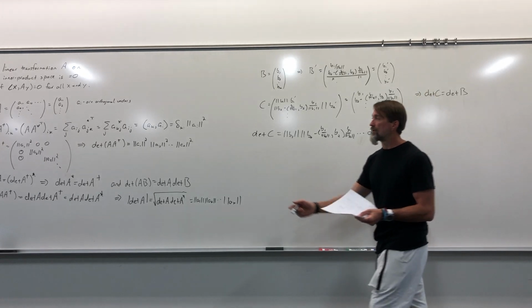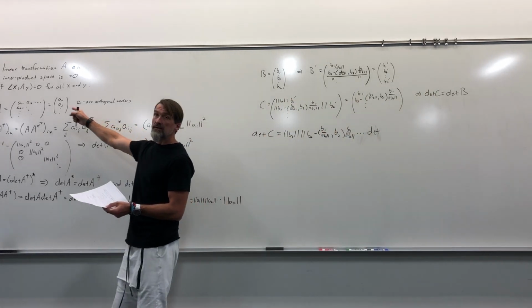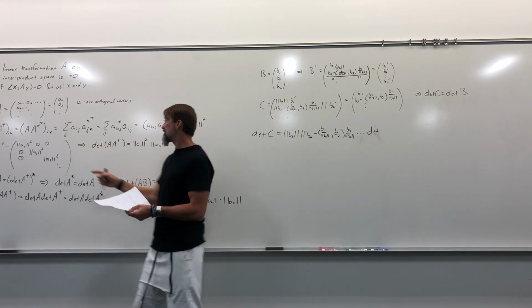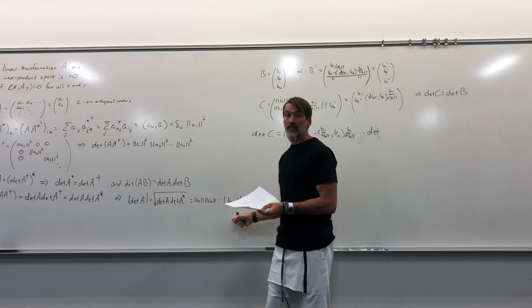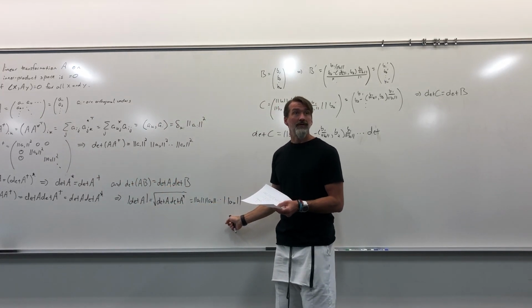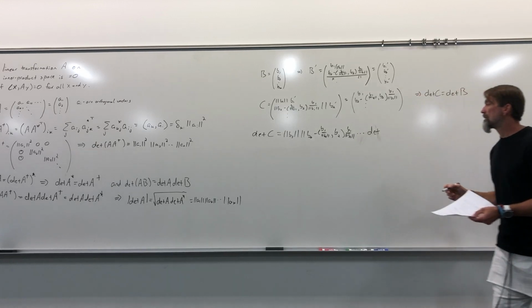It's 1. Because the determinant of a matrix composed of orthogonal vectors is just the product of all of the magnitudes, but these are normalized, so it's just 1.